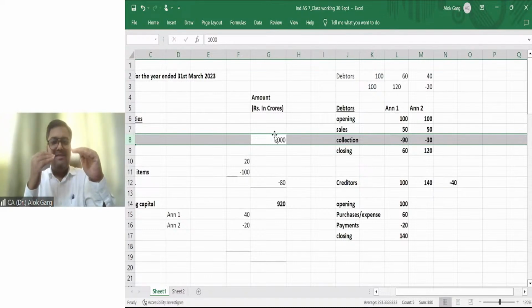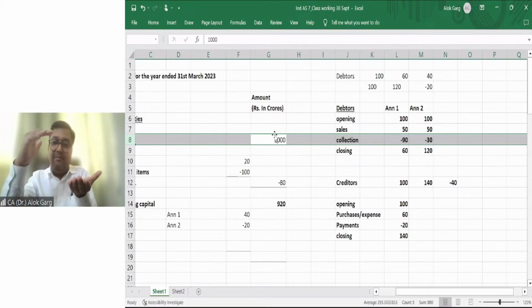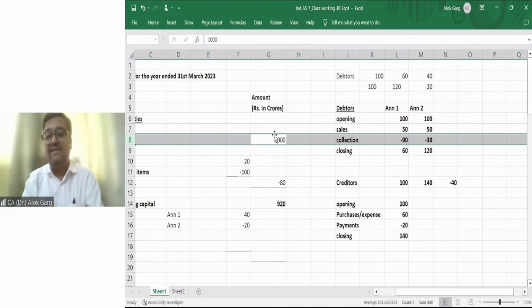Only 20. It means I have saved 40. So when I've deducted 60, I have paid only 20. It means I have to increase my cash balances. It means I have to add this to my accrual balance to get my cash balance. Is that clear?